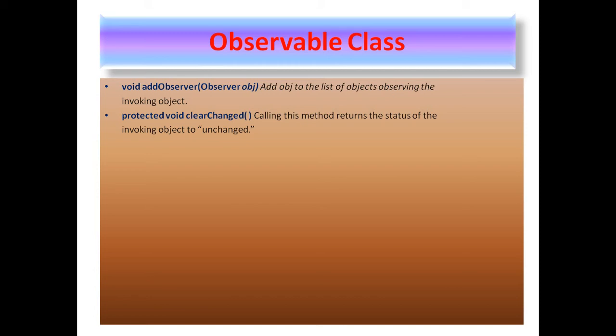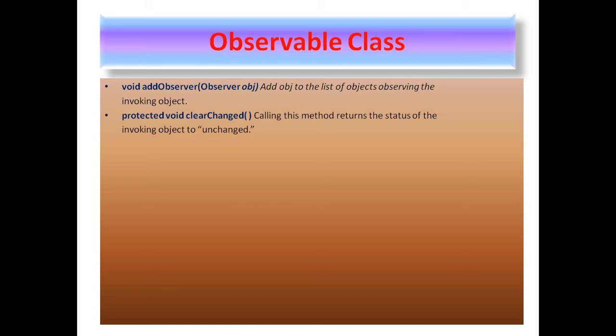If you take any observable object, it might be observed by n number of observers. So there might be a list of observers, and when we would like to add any observer, we can make use of add observer to add it to the list of observer objects.